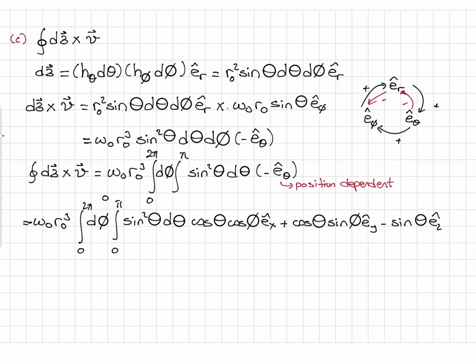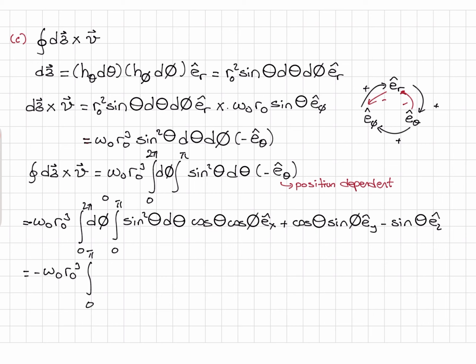All right, and now we can perform this integral, the phi part. I'm going to have minus omega 0 r0 cube integral from 0 to pi, that's for the theta integral. Now if I perform the phi integral first, you can see that here I have sine square theta, cosine phi.